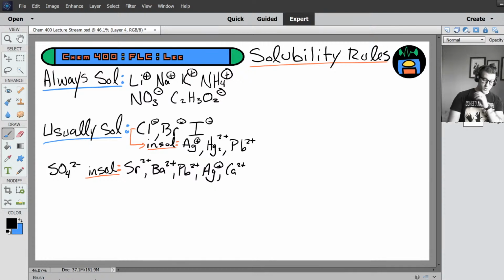A little bit larger rogues gallery for sulfate. Sulfate is soluble with almost everything, but not these 5 ions. So that's our always soluble and our usually soluble. Let's talk about usually insoluble.